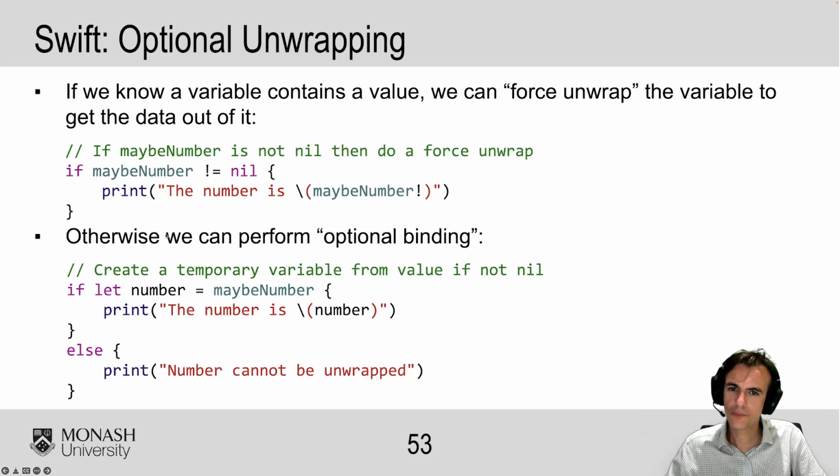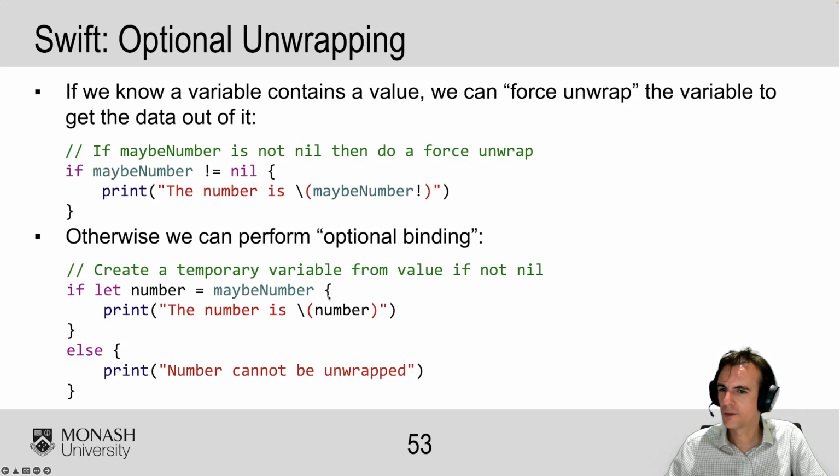we should instead be doing things like optional binding. And here, Swift has a neat feature where we can have an if statement where we say if let some new variable equals the value of an optional variable. And what happens here is, you've got a variable, maybeNumber, that's an optional. We say let number equals this.